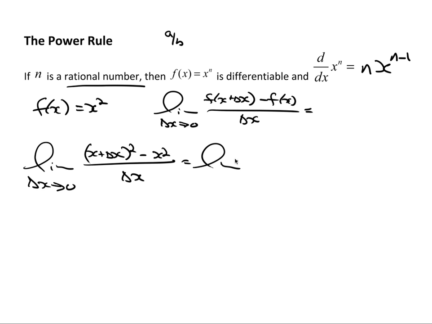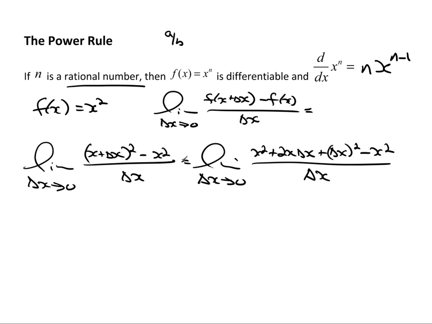That's equal to the limit as delta x goes to 0 of x squared plus 2x delta x plus delta x squared minus x squared over delta x. I just expanded this. And see my x squares go away.